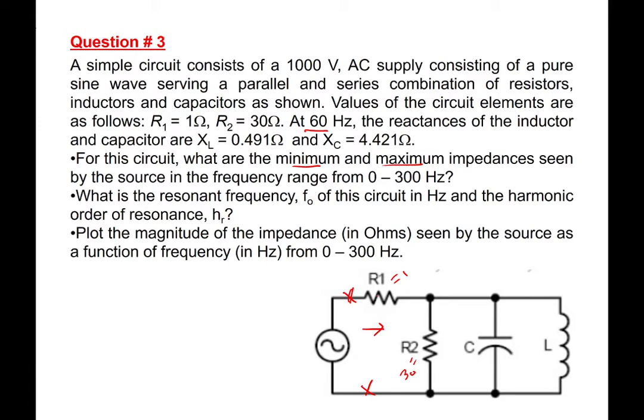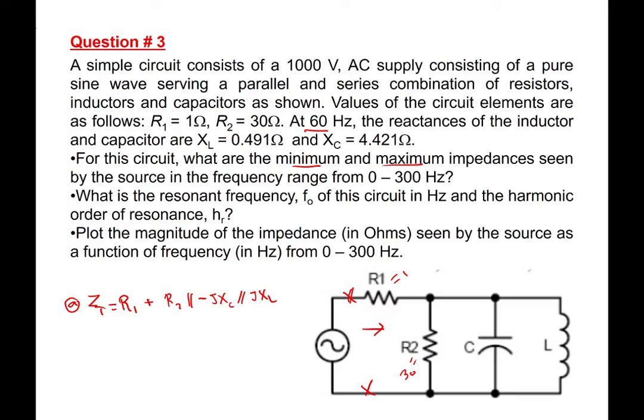So we can calculate the total impedance as R1 in series with the parallel combination of R2, minus JXC, and JXL. That will be the total impedance.